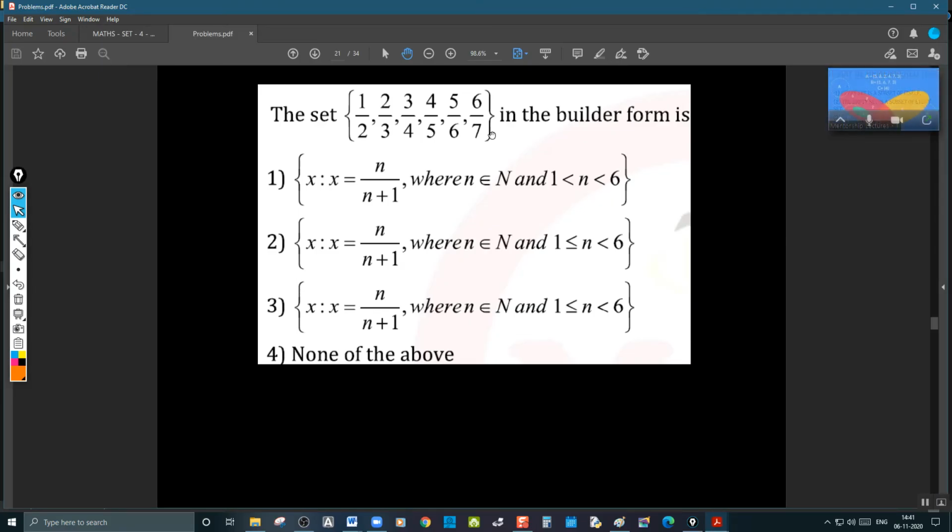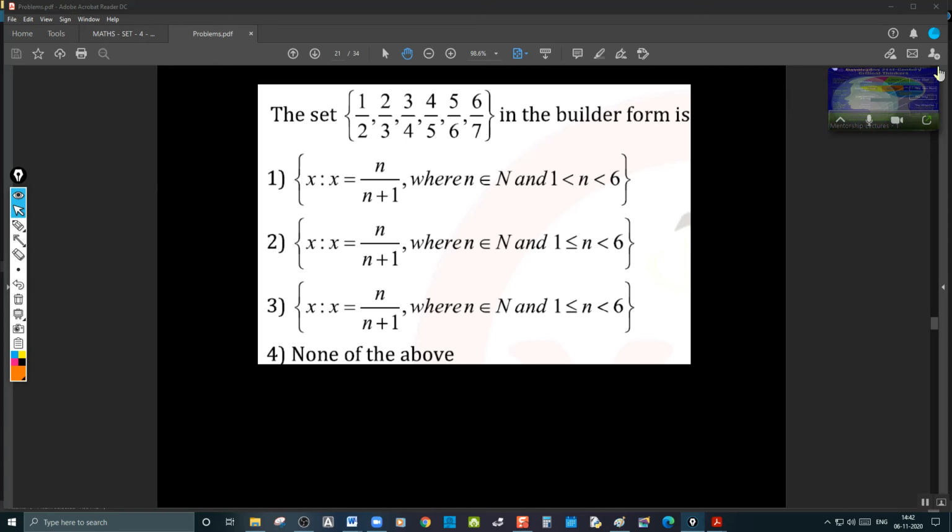What I'm saying, do you see the screen here? Yes, sir, we can see.